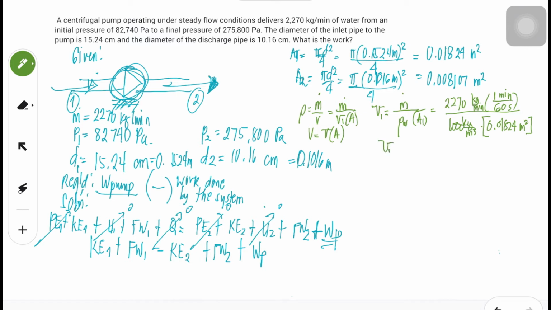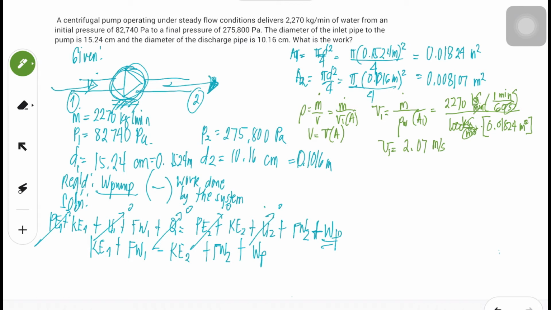So the speed at point 1 is now 227 divided by 60 and 1000, that is the density of water, 0.1824. We have now 2.07 meter per second. The units cancel, leaving meter per second.